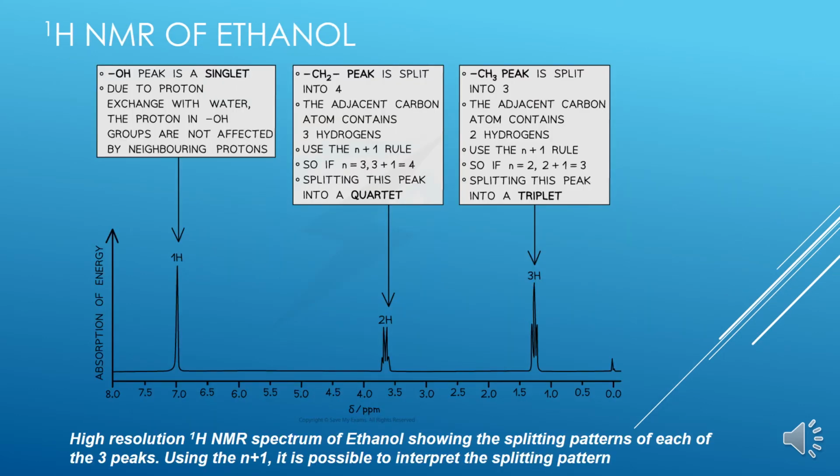Now let us move on to another NMR spectrum of another molecule, ethanol. Ethanol's molecular formula is C2H5OH. Earlier we discussed ethyl bromide, which is a halogen compound. Ethanol is an alcoholic compound, an open chain, saturated organic molecule.